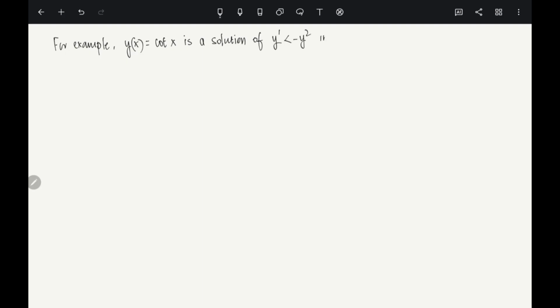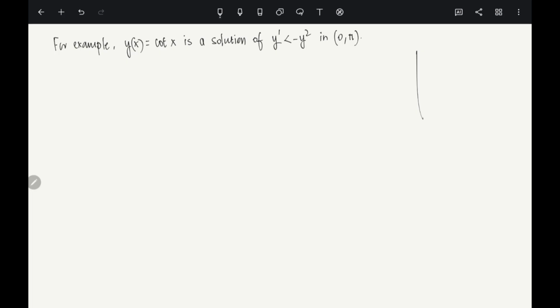And what is the interval here? 0 to pi. So that's the interval. Now you do understand what I'm trying to say. The idea is this: for most nonlinear equations, at least first order, and here we are talking about first order.